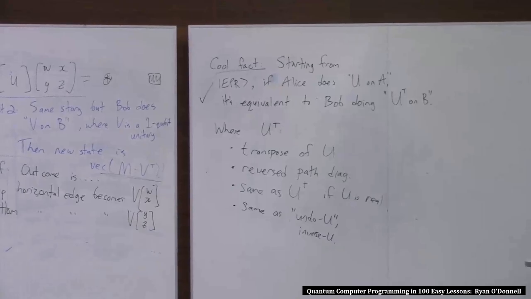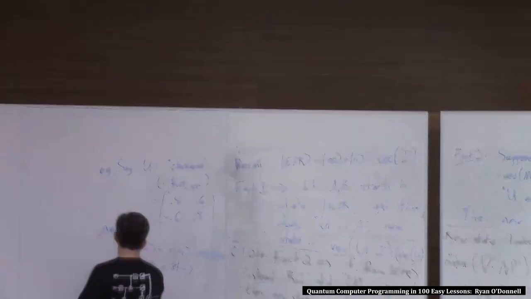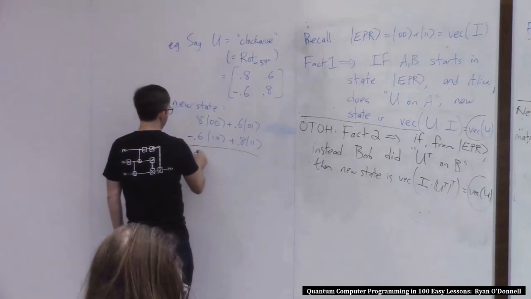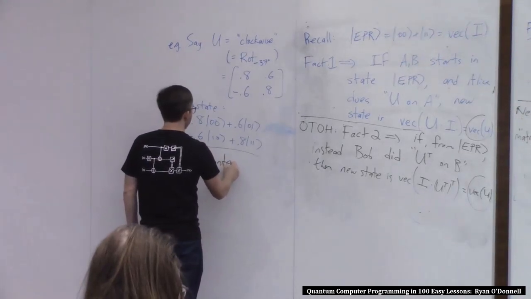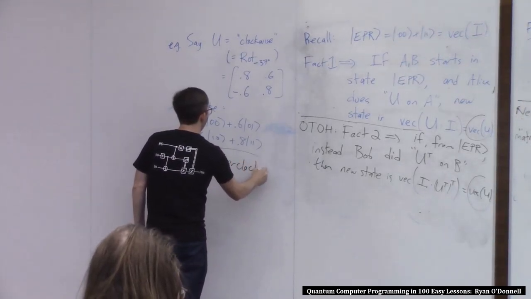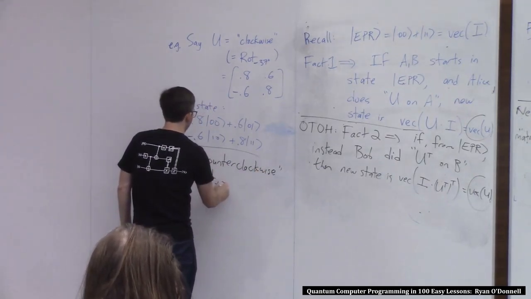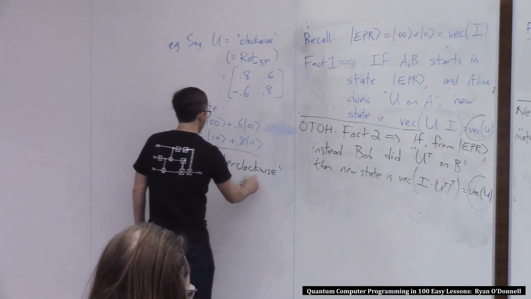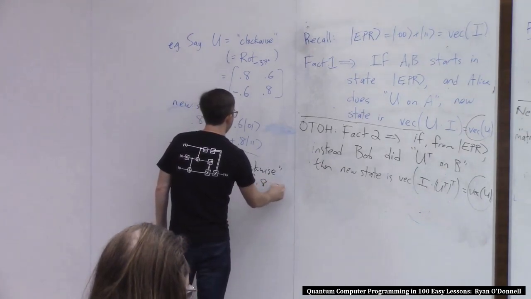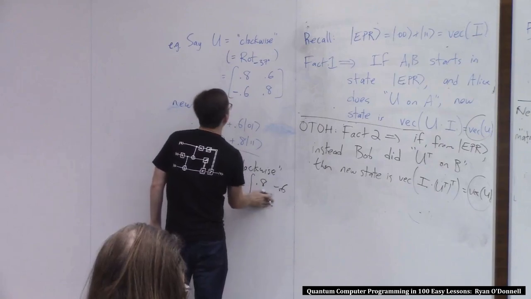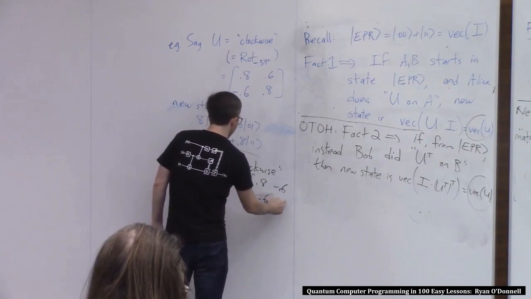And it justifies, in this case, U transpose is what we used to call counterclockwise, a rotation by positive about 37 degrees. It's this matrix: 0.8, minus 0.6, 0.6, 0.8.